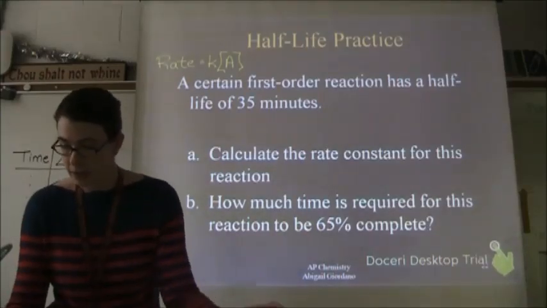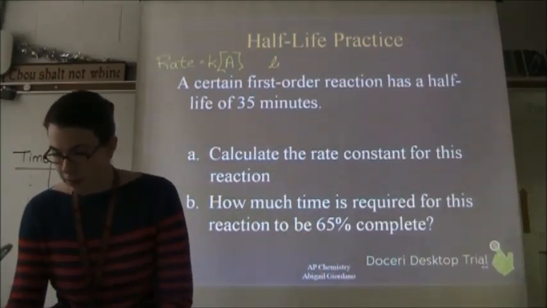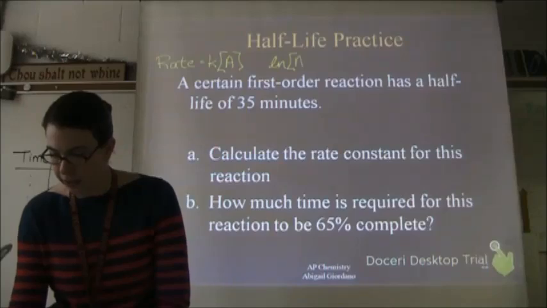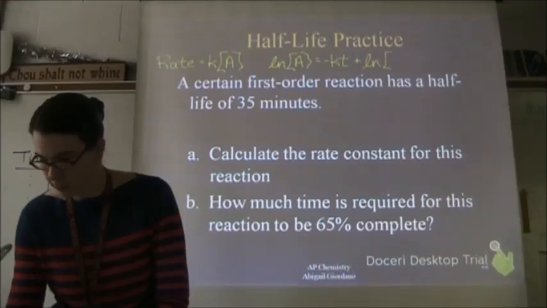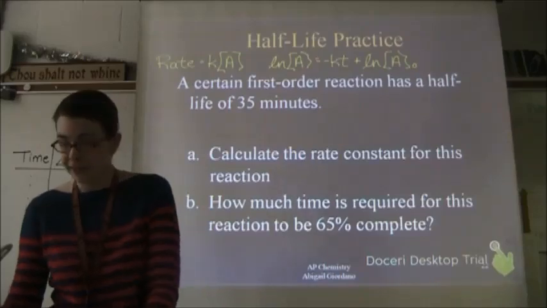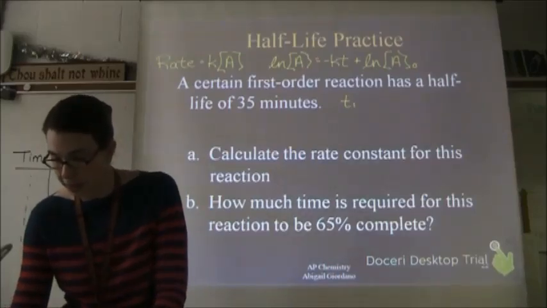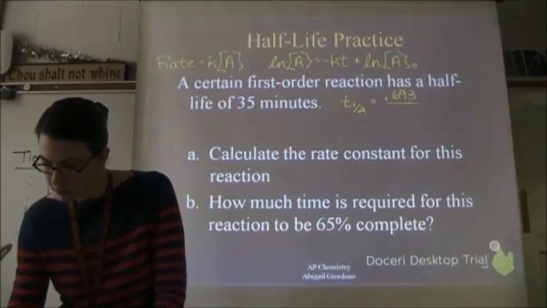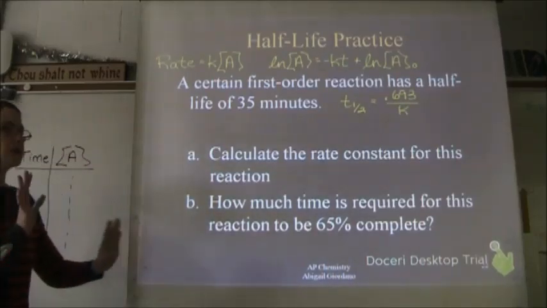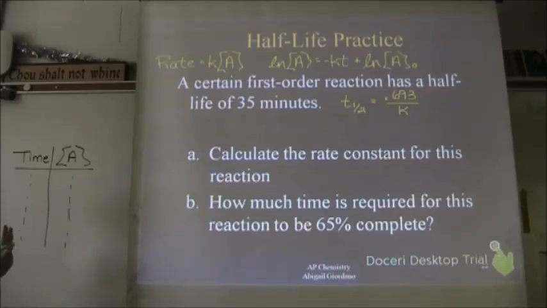Maybe I'm using the integrated rate law. I also have a half-life equation available to me. Maybe I'll be using that. Okay, I'm just writing out what my options will be.